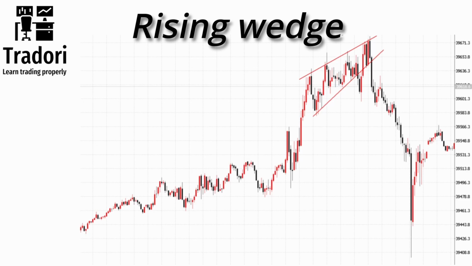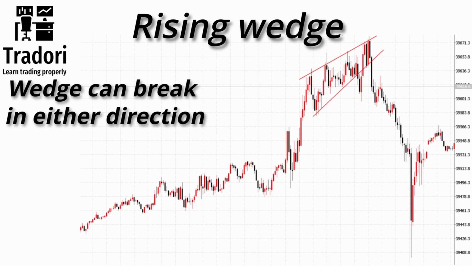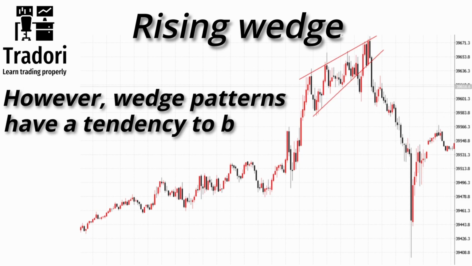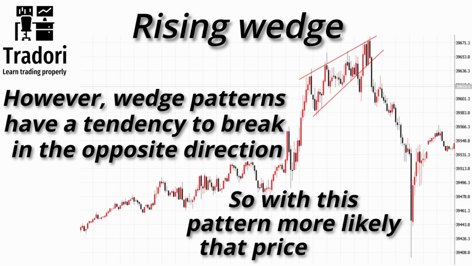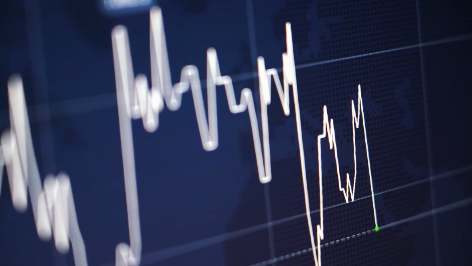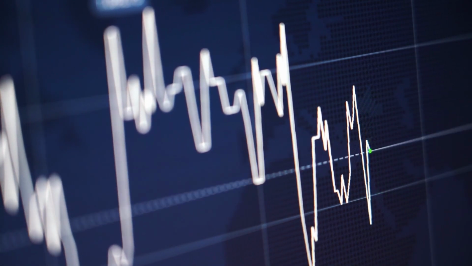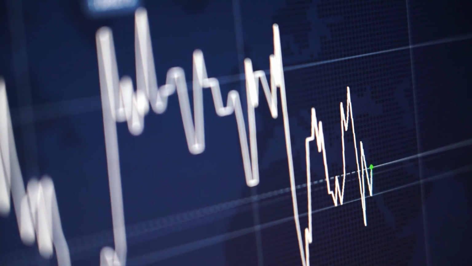While price can break out of either line, wedge patterns have a tendency to break in the opposite direction from the trend line. Therefore, a rising wedge pattern indicates a more likely potential of falling prices after the breakout of the lower trend line.